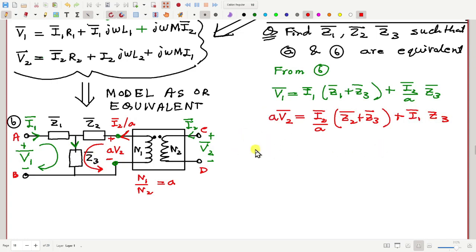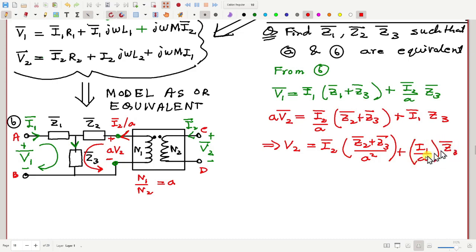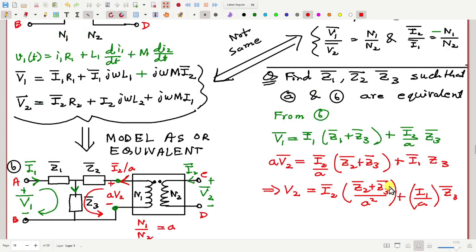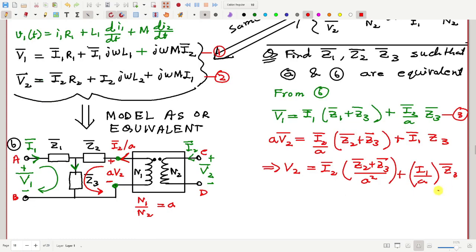If I have a mistake later, I will have a severe problem. I hope it's correct. So now let me write this as V2 equal to I2 into Z2 plus Z3 divided by A square, plus I1 by A into Z3. Let me give some equation numbers: suppose this is equation number 1, 2, 3, and 4.